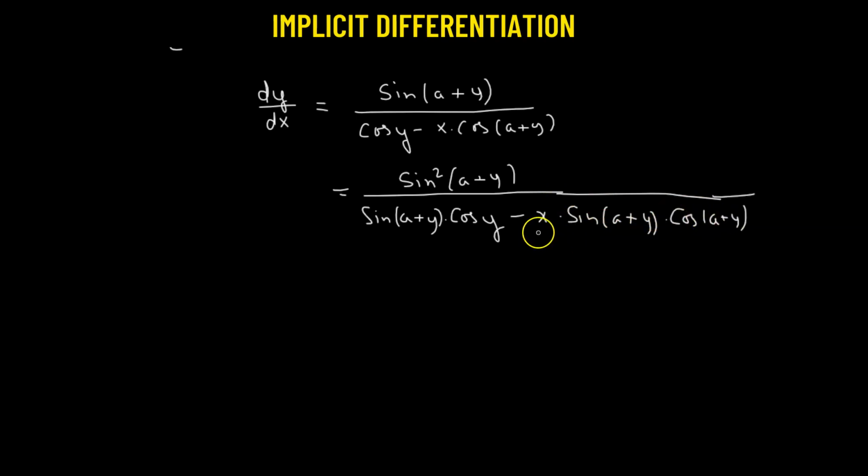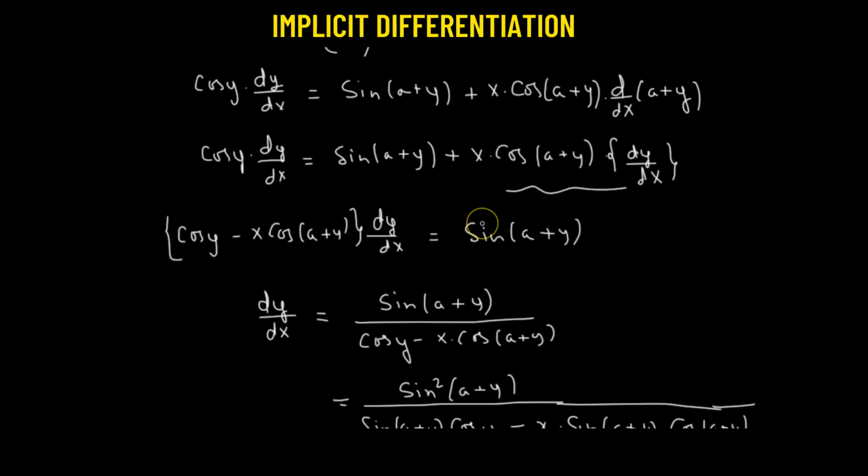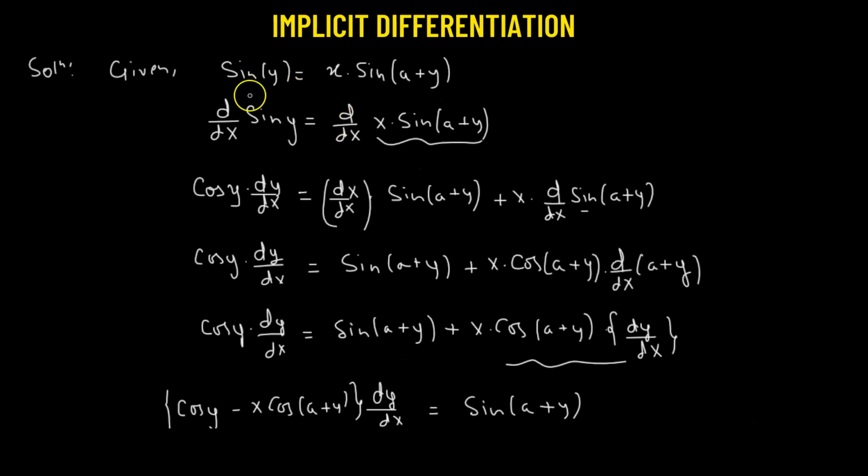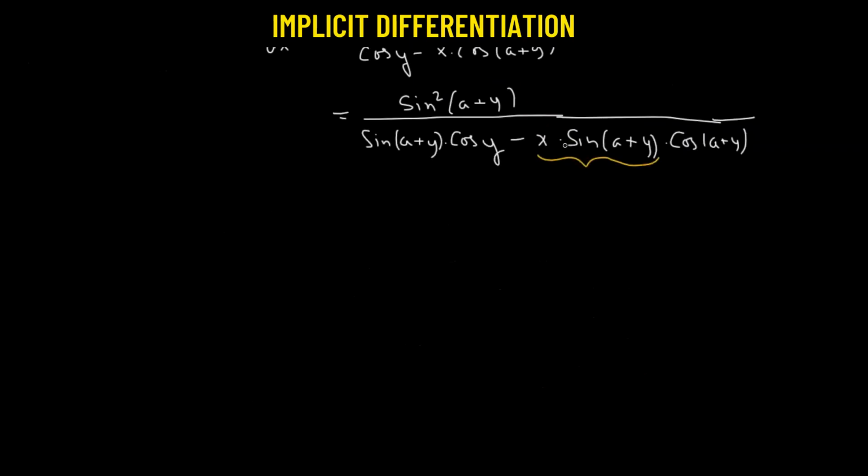Now in the denominator, in the second term, we have x times sin(a + y). This is actually equal to sin y, because if we consider our original implicit function, we have sin y equals x times sin(a + y). That means we can replace this with sin y.